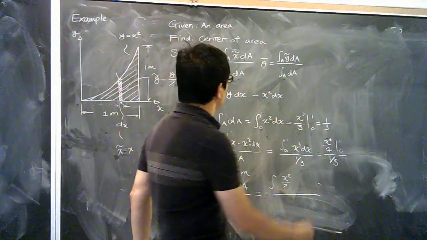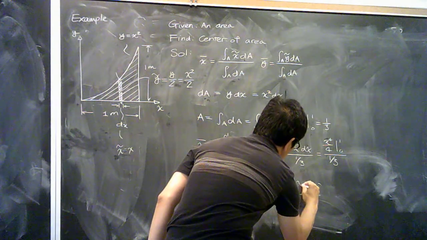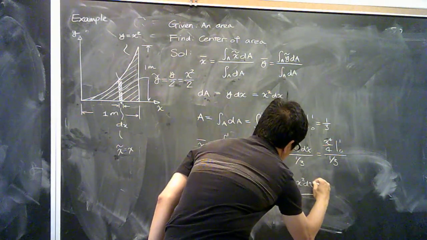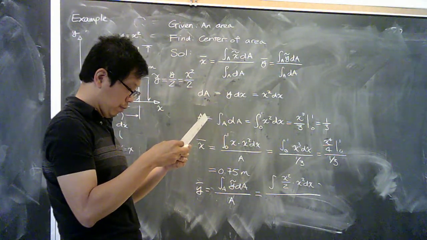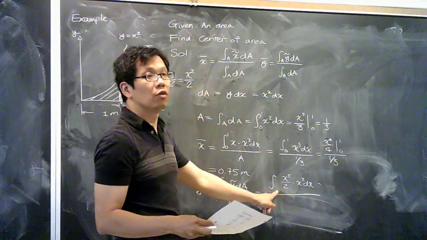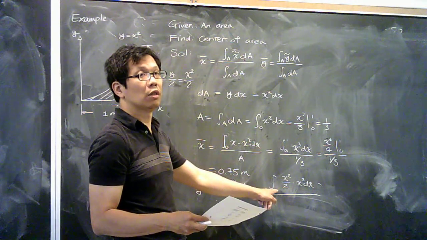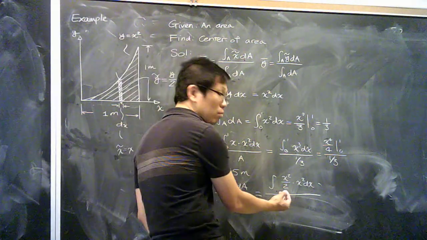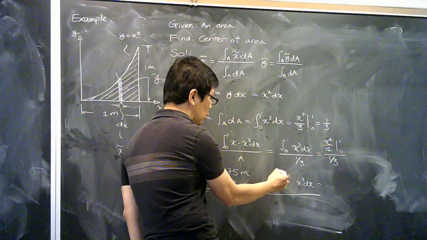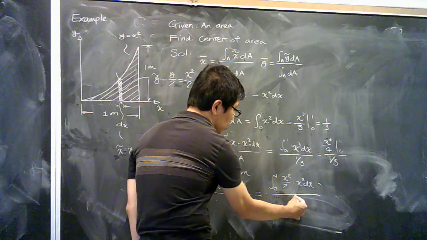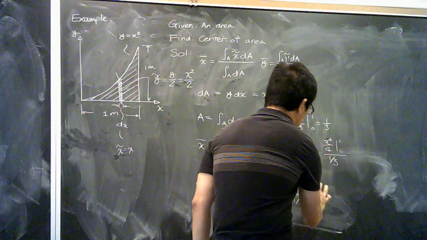The a is something we found here already. That is x squared dx. So again, you need to determine the integration range. Where do we start? 0, right? Where do we end? 1. So over here, this is 1/3, which was calculated over here.